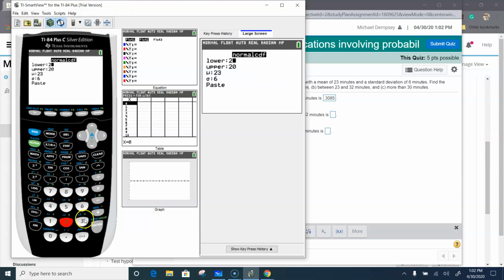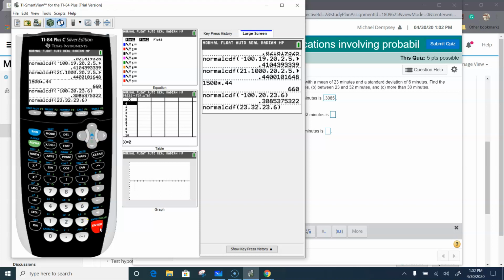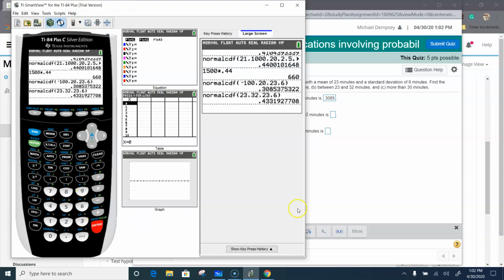So the lower limit is 23. Upper limit is 32. Still the same mean and standard deviation. 0.4332.